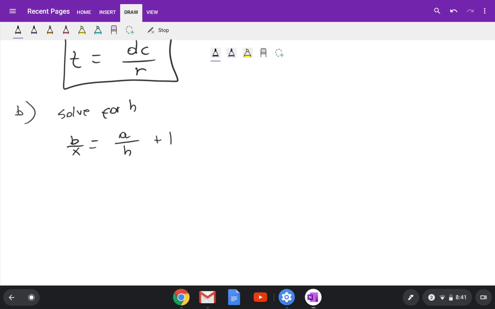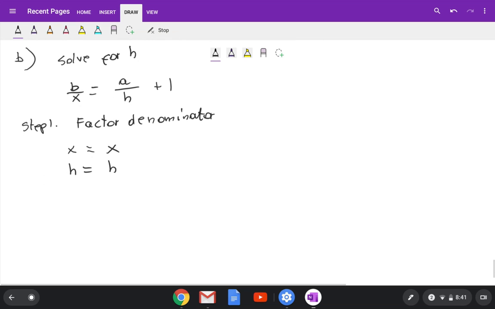So step 1 is factor denominators. So our denominators are x and h. Now, restricted values, I still want to talk about it.